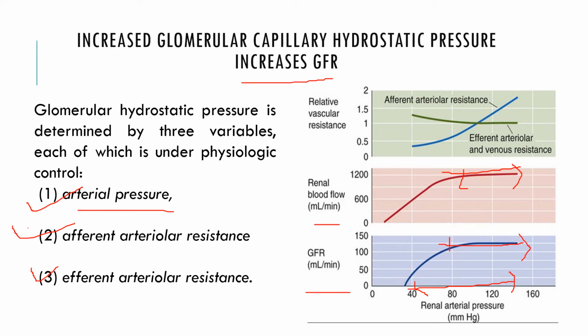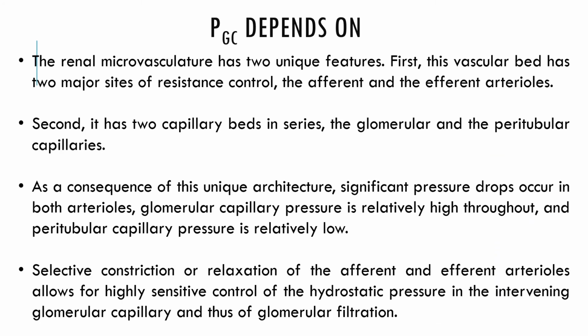But the afferent and efferent arteriolar resistance have a very important role in determining the glomerular hydrostatic pressure. The PGC depends on the renal microvasculature, which has two unique features.